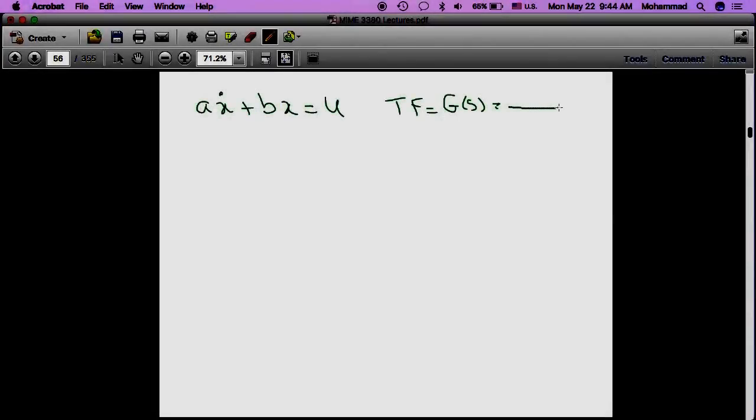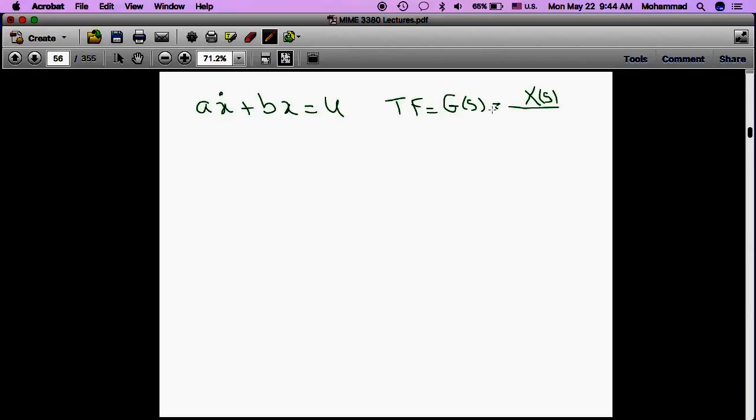So the transfer function, sometimes shown as capital G of s, is the ratio of the output, which is x in the s domain. Note that I'm using capital X to distinguish the time domain from the Laplace domain. When we go capital, we mean Laplace domain.